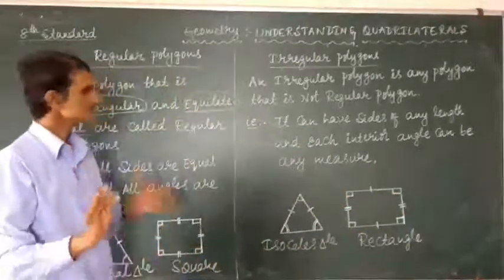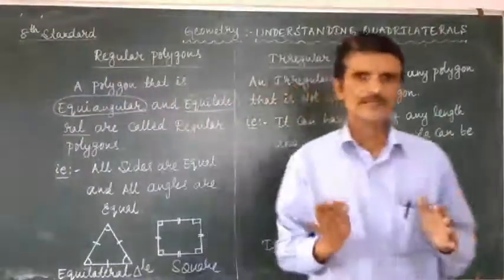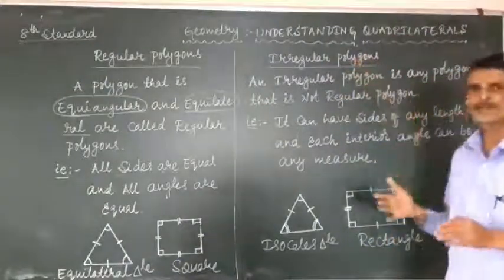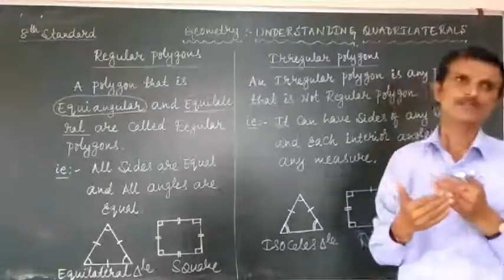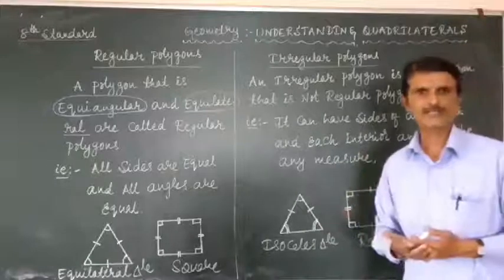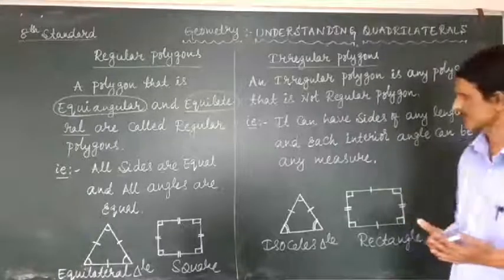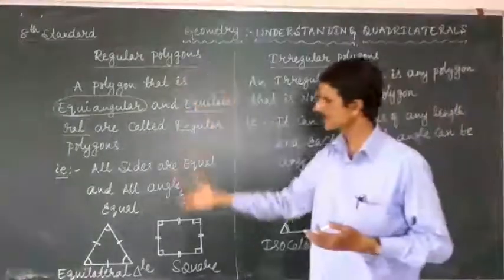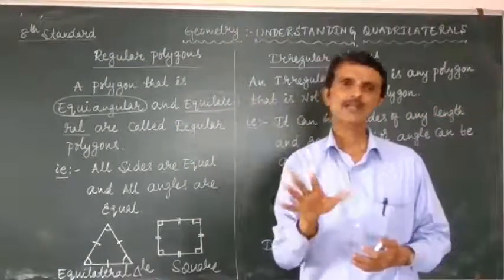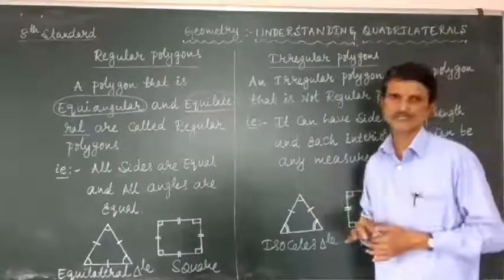So students, you have to keep in mind that irregular polygons may have sides of different lengths or angles of different measurements, whereas regular polygons must have all sides equal and all angles with equal measurements.